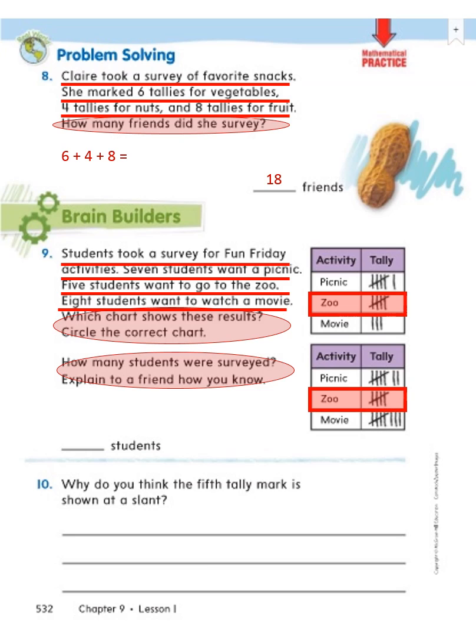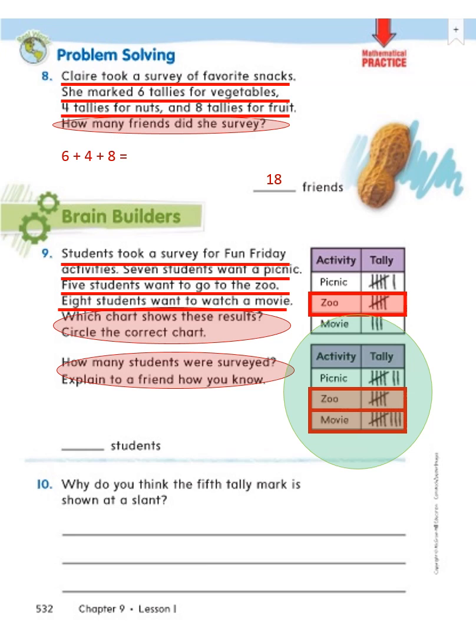But look at that. That's got 8 students who want to go to the movie. The other one only shows 3. Oh, and the picnic numbers are different too. The top one shows 6. The bottom one shows 7. So the correct answer is the bottom one.